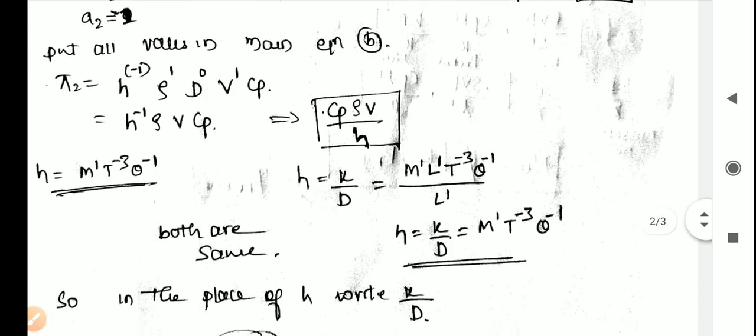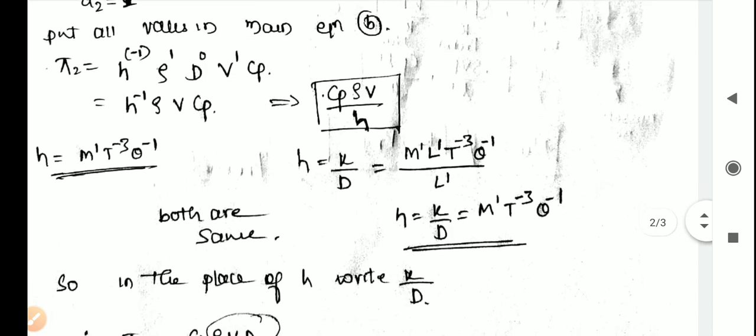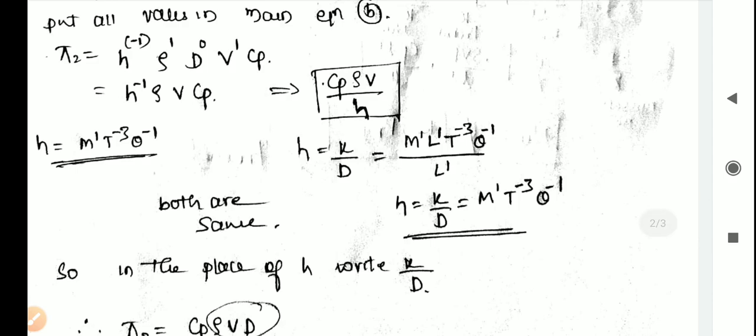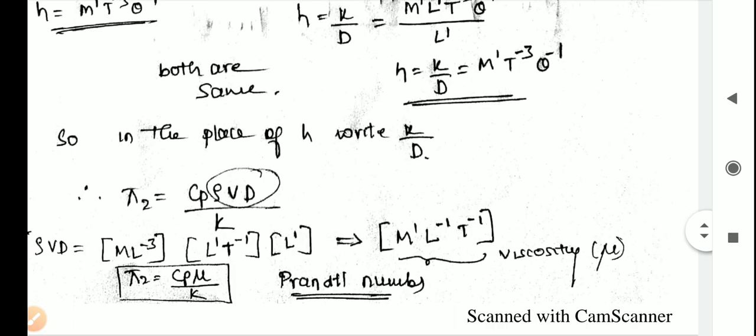So it will become m raised to 1, t raised to minus 3, theta raised to minus 1. So both are the same, right? So in the place of h you write k by d. So pi 2 becomes cp into rho vd divided by k.